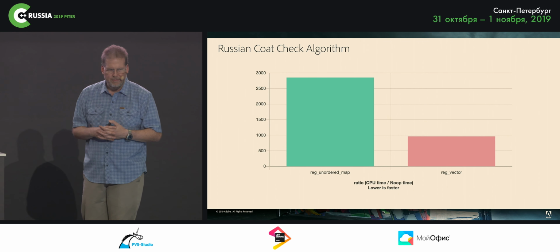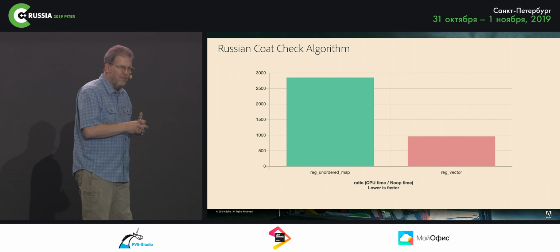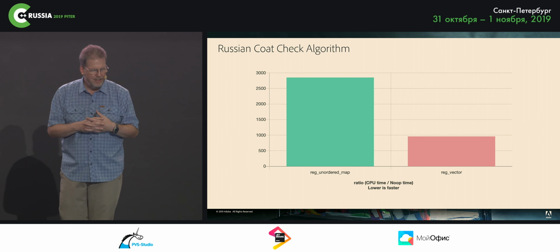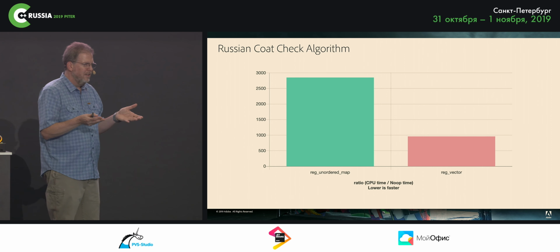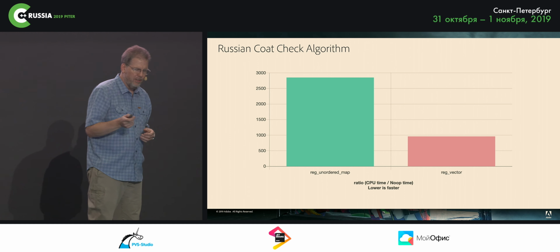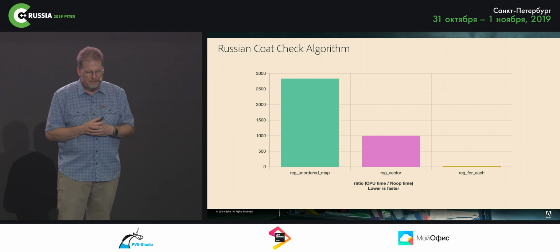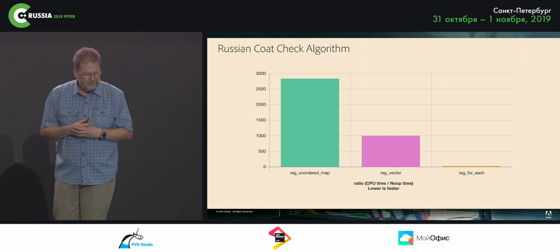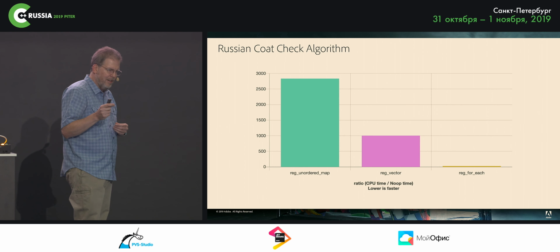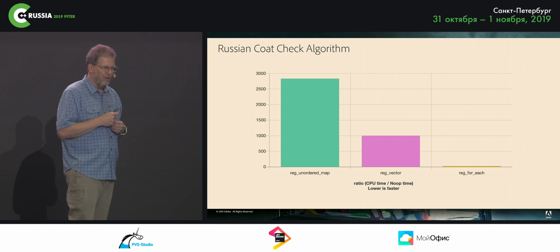So here's the performance difference. This is our registry written with an unordered map compared to our registry written with a vector. This is the time it takes to add all of the elements into our coat check. So considerably faster. The last item there is the amount of time it takes to iterate all of the items within the coat check.